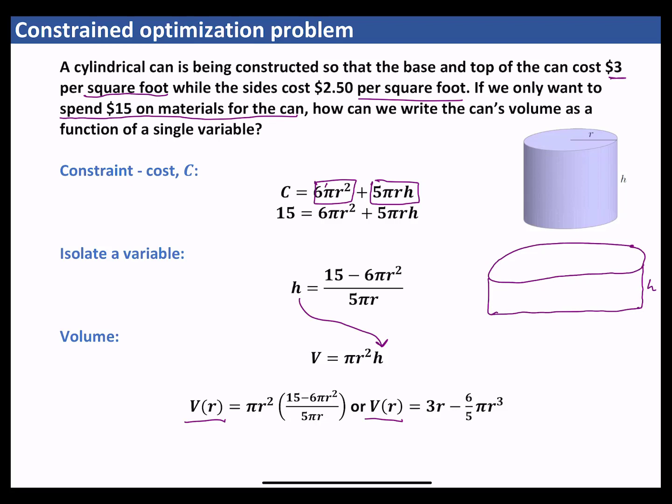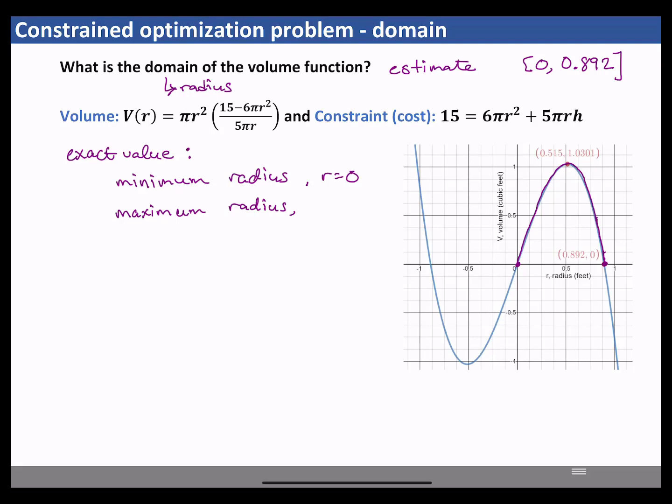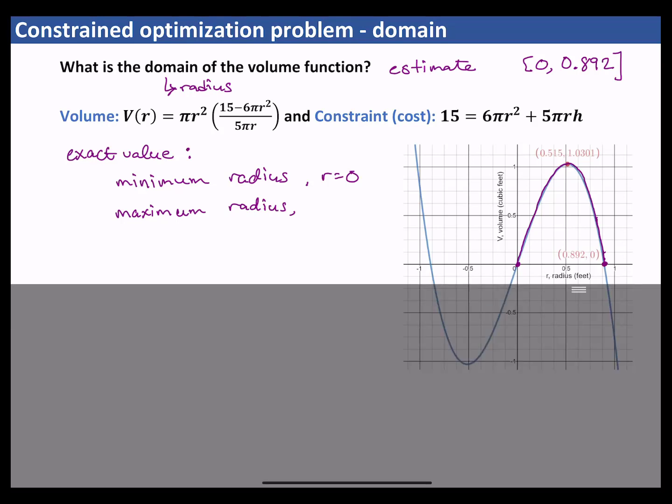As the height gets smaller and smaller, the radius can get bigger and bigger. So the maximum radius is going to be related to the minimum height, which would be a height of 0.